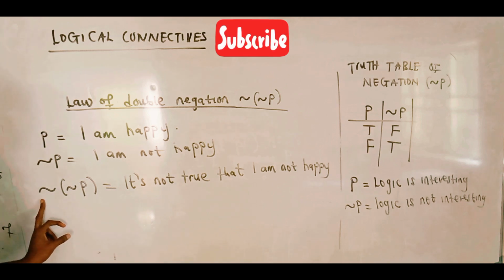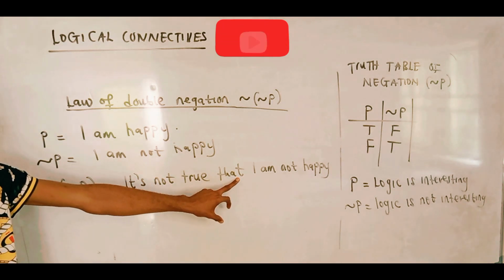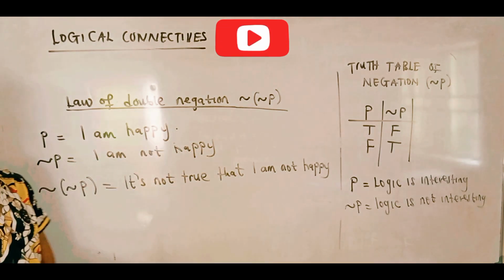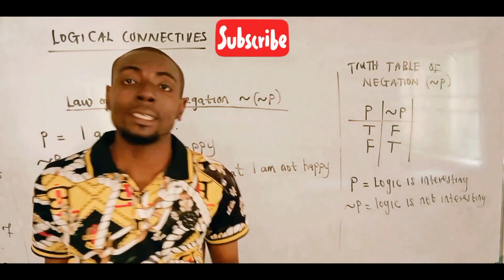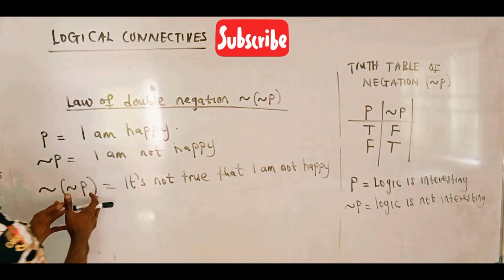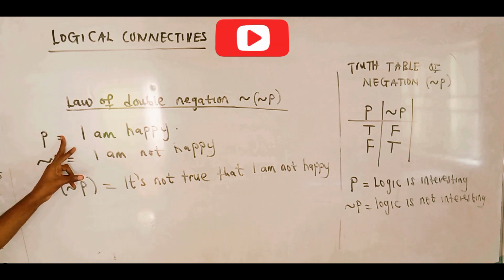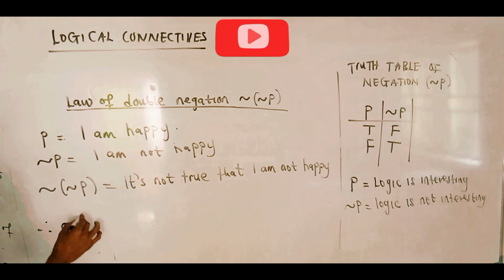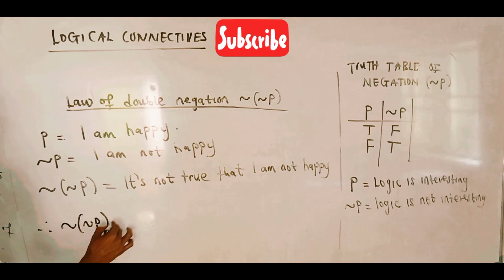It is not true that I am not happy, meaning that I am happy. So this double negation is pointing at the initial statement. Therefore, the double negation of P is equal to P.